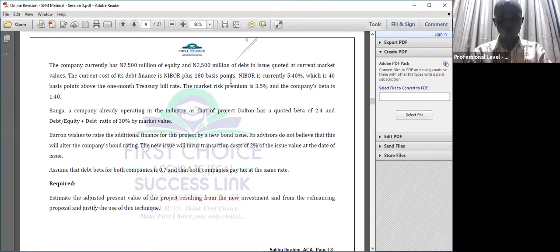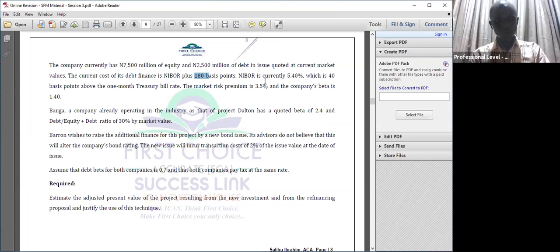For you to borrow, there is going to be additional return to compensate for financial risk. That additional return is what is measured by basis points. What you need to do is to convert this basis point to percentage. To convert basis point to percentage, just divide the basis point by 100.